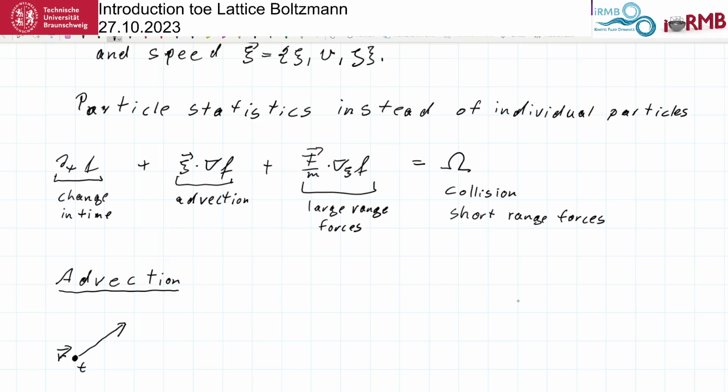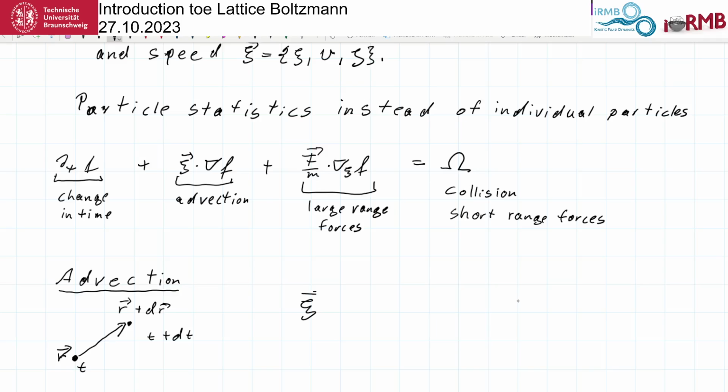And now this will move, of course, according to the velocity in which it is. It does not have a velocity, but it is in a velocity. This is the way of thinking. So it will change its position to r plus dr, a small change, at time t plus delta t.